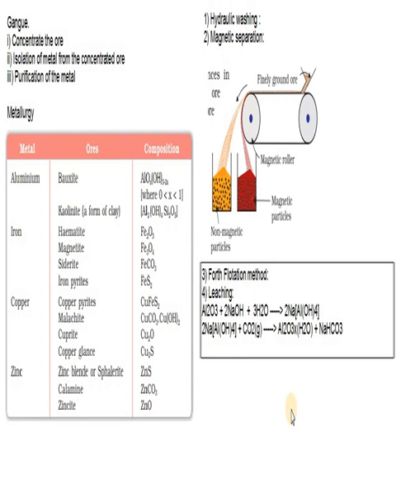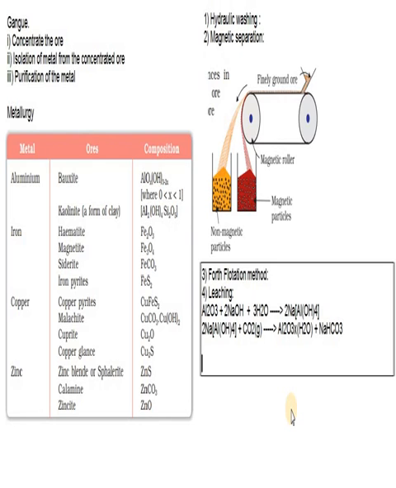The other example of this kind of leaching is particularly in the separation of silver and gold. The respective metal is leached with a dilute solution of NaCN, sodium cyanide or potassium cyanide, in the presence of air, from which the metal is obtained later by replacement.